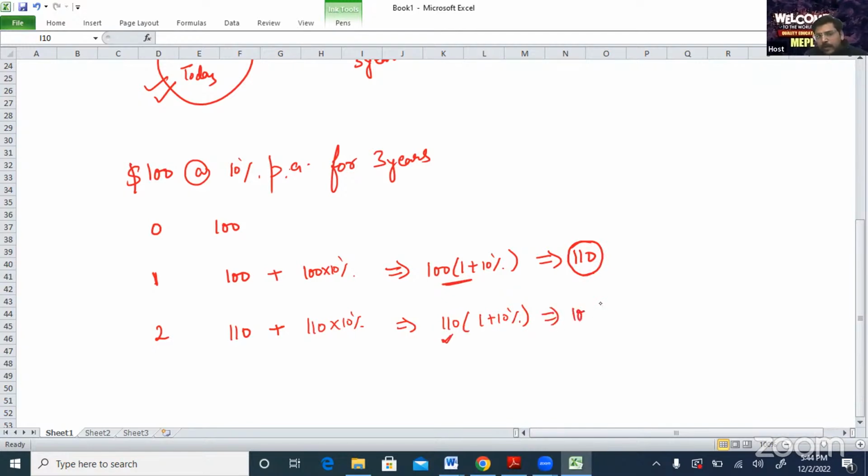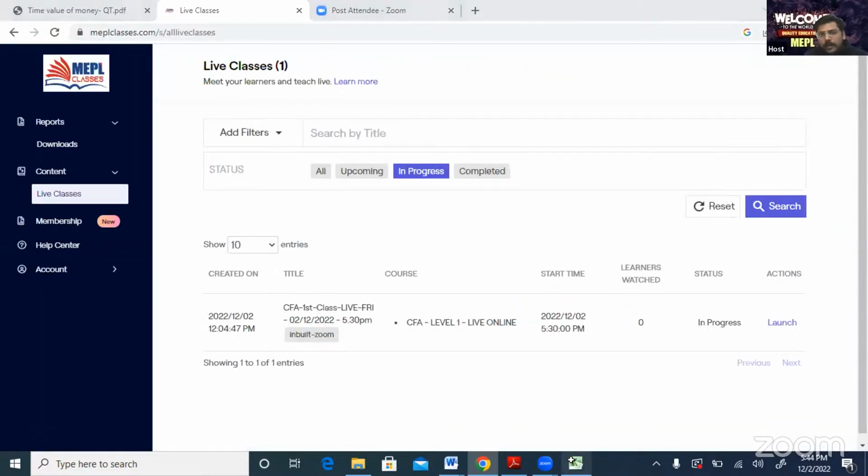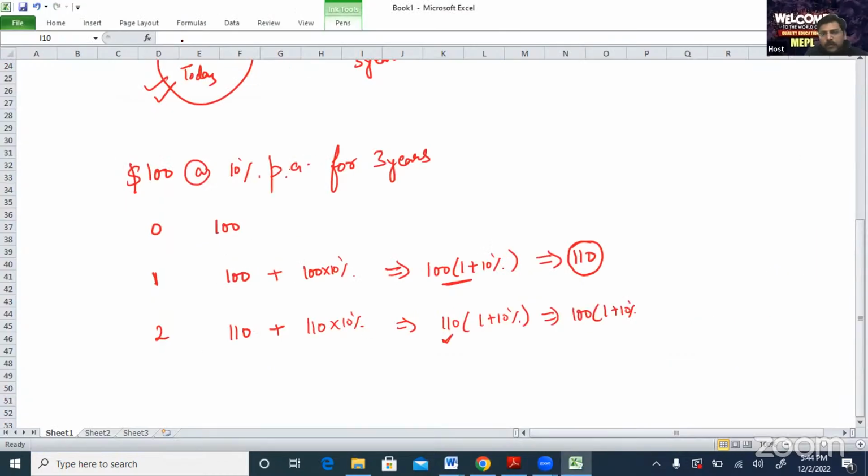मैंने क्या किया? I simply took it from above. You can see, इस 110 के बदले हमने इसको लिख दिया. And this 1 plus 10% is as it is.